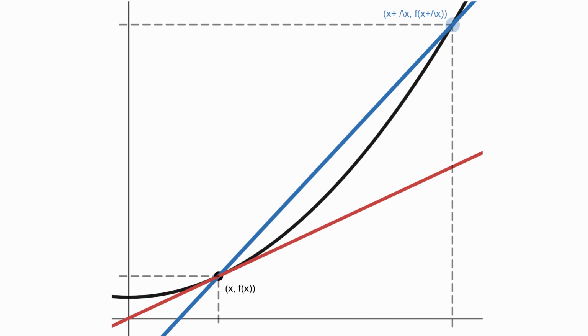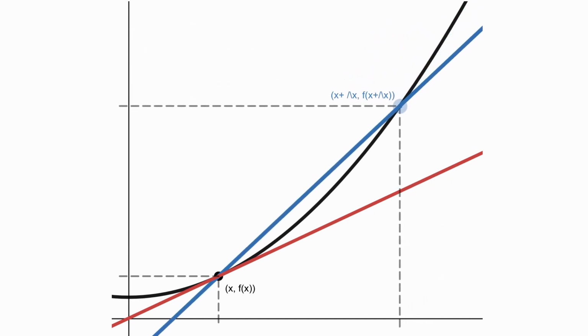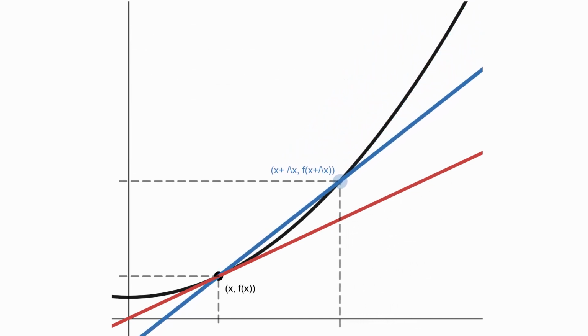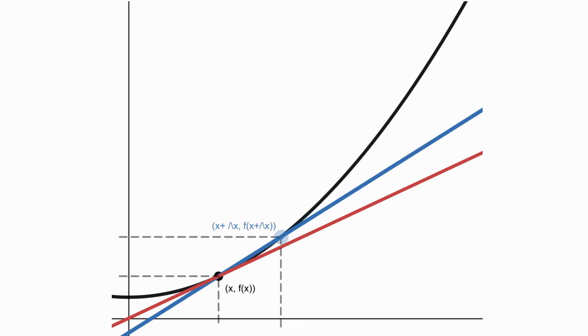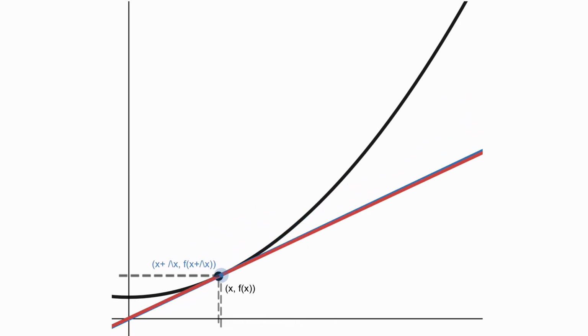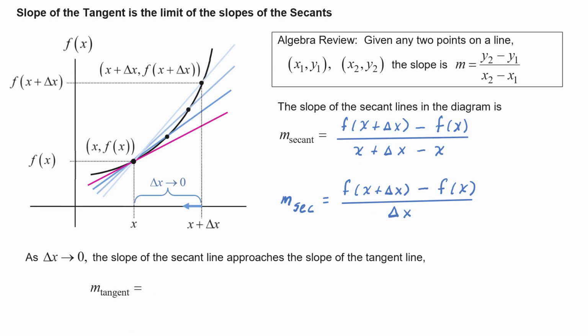And as we let delta x go to 0, that second point moves closer and closer, and the slope of the secant approaches being the slope of the tangent line. So as delta x approaches 0, the slope of the secant line approaches the slope of the tangent line.